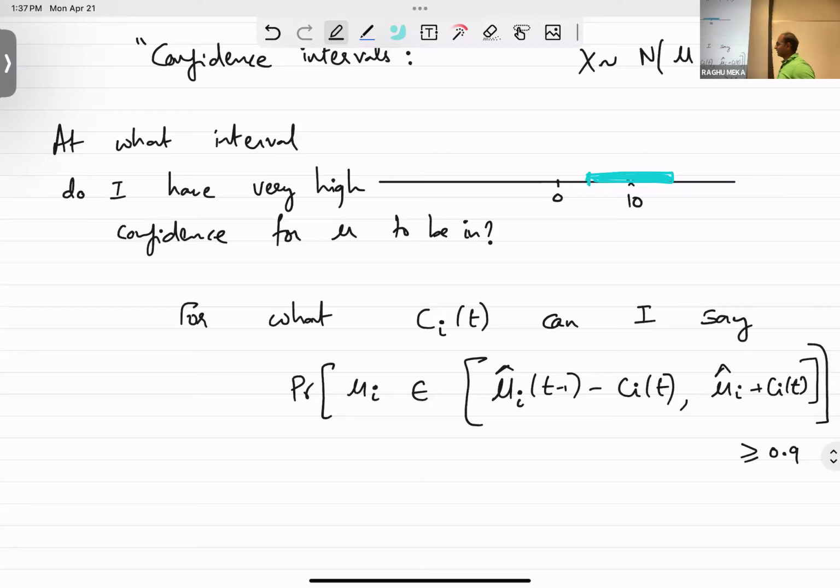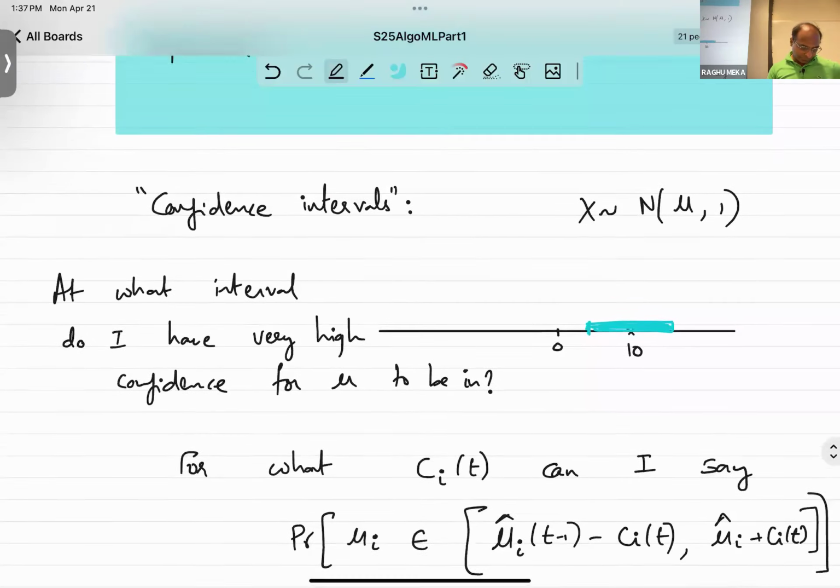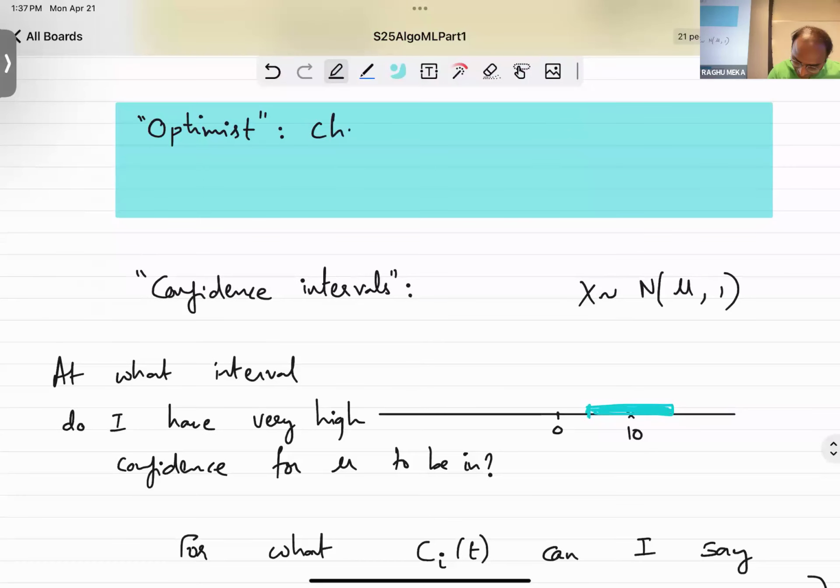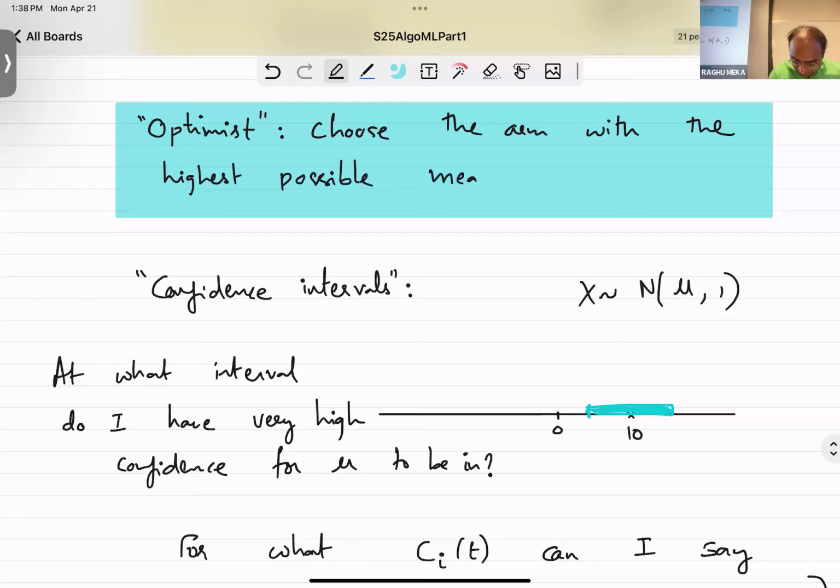I'll state this math in a second, but the punchline is: choose the arm with the highest possible upper confidence bound, given the current data.